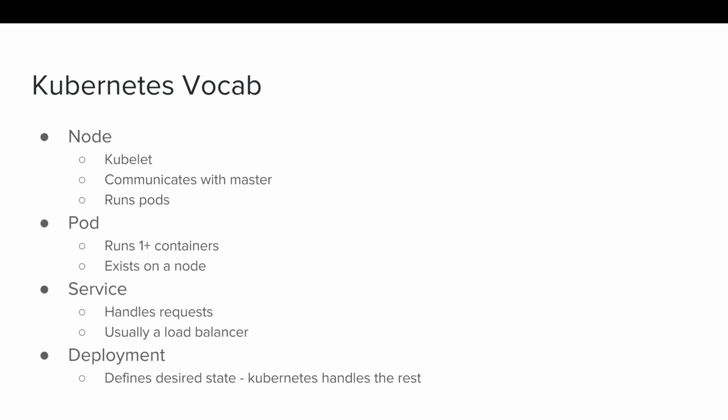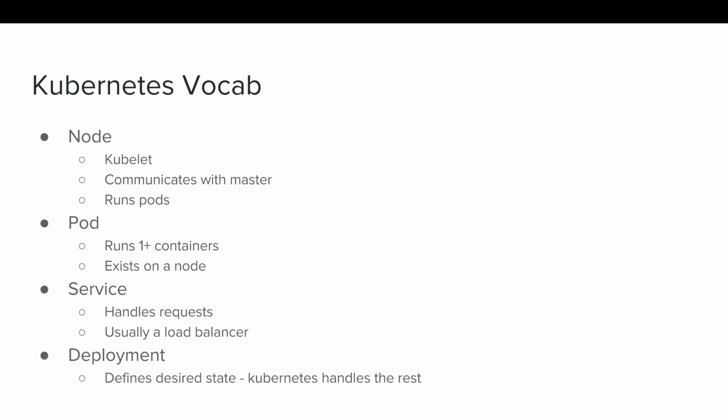A service handles requests either coming from inside the Kubernetes cluster, from one node to another, or from outside the cluster, say a public request to our master node that wants to hit a specific service, a microservice. So the service tends to be a load balancer.